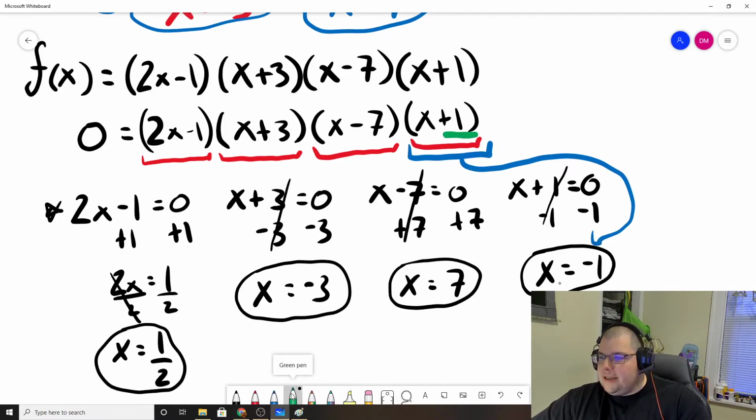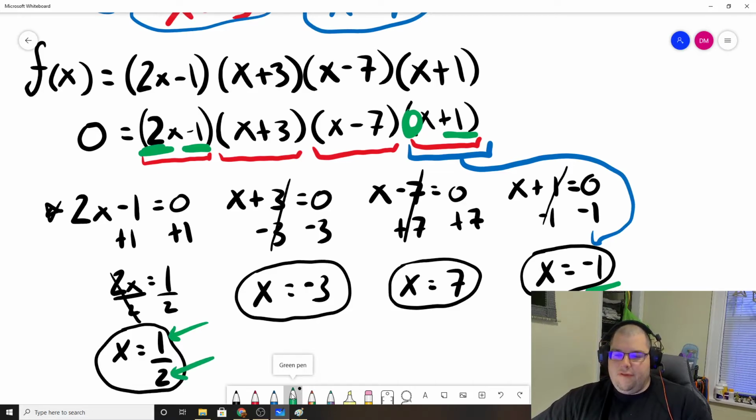So here it's +1, my 0 is -1. That's provided there isn't a number in front of that x. When there isn't a number in front of the x, it's the opposite of the number. So -1 becomes this +1, and then I divide by that number in front to give me that +1/2.